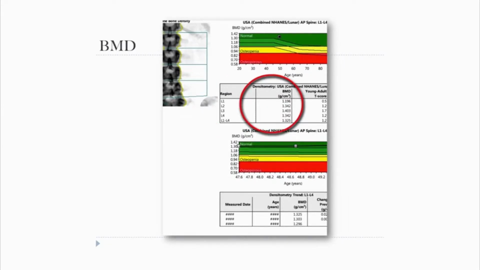You'll also see in the next part of this chart, they have BMD, and that's actually grams per cubic centimeter. That's actually the amount of bone density they've measured. You'll see in this case the bone density varies a little bit between L1 and 2 and L3, but again we stick with the total, which is the average of those 4 vertebral bodies for the bone mineral density.